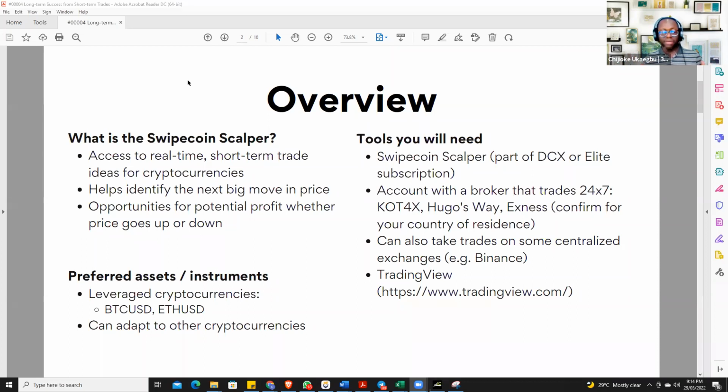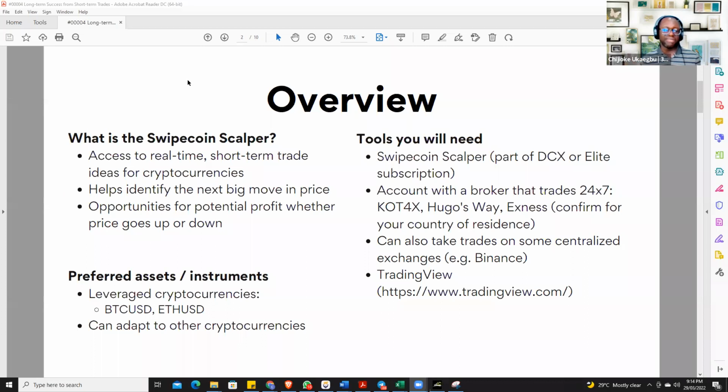The Swipecoin Scalper really is a tool that gives you access to what I call real-time trade ideas for cryptocurrencies. And the good thing about the types of trade ideas that it puts out is they are short-term, meaning you can be in those trades for perhaps a few hours. Worst case, a day or two.